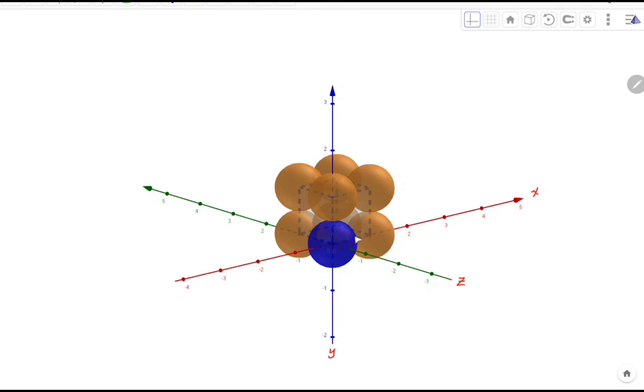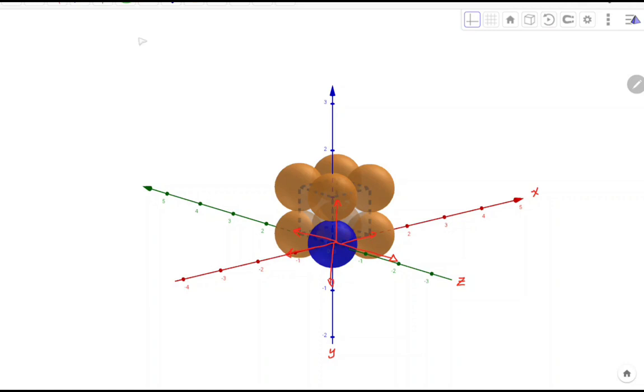The first nearest neighbors are this one here, and there's another one somewhere here, and this one, and another one on the y-axis right here, and this one, and another one located somewhere here. So 1, 2, 3, 4, 5, 6. So the coordination number, or first nearest neighbors, for the simple cubic crystal is 6.